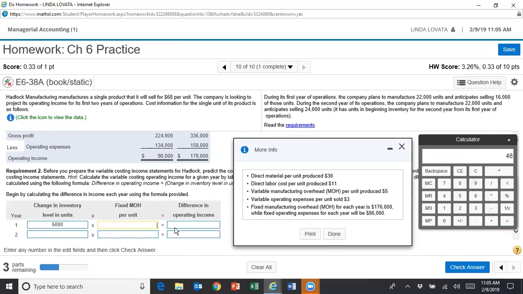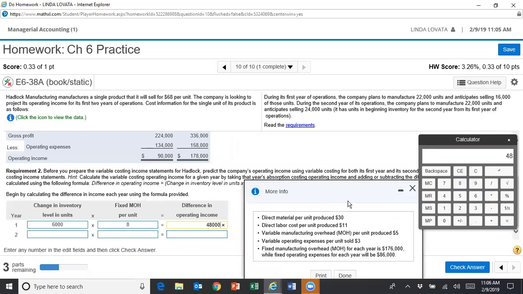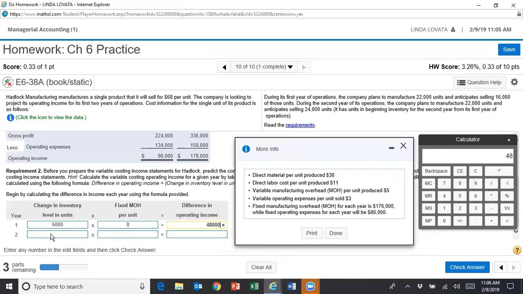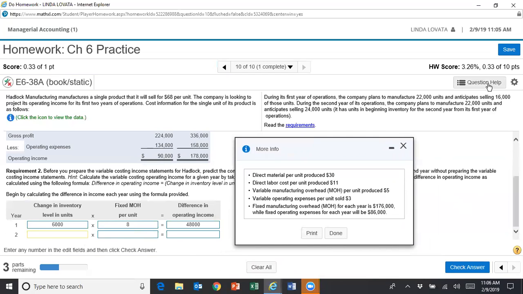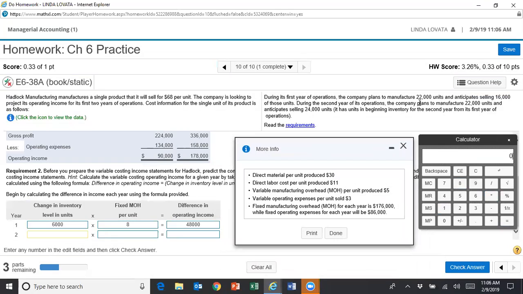So this is 8. So I'd expect to have a $48,000 difference. Doesn't ask me which one's higher though, does it? All right. Again, you save yourself a lot of errors if you don't get all those zeros in there because you have a tendency to leave a zero off. So the second year, I manufactured 22, but I sold 24, so my inventory went down.